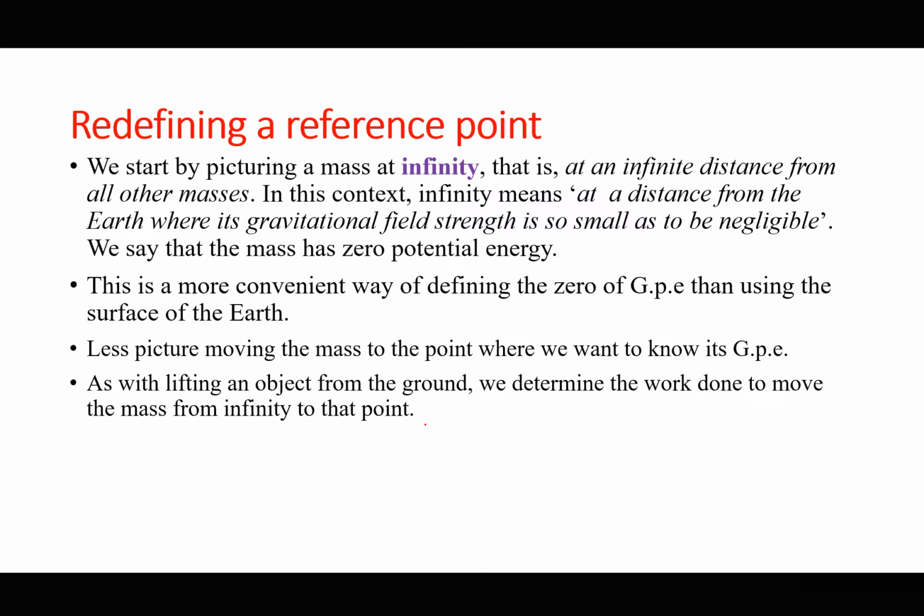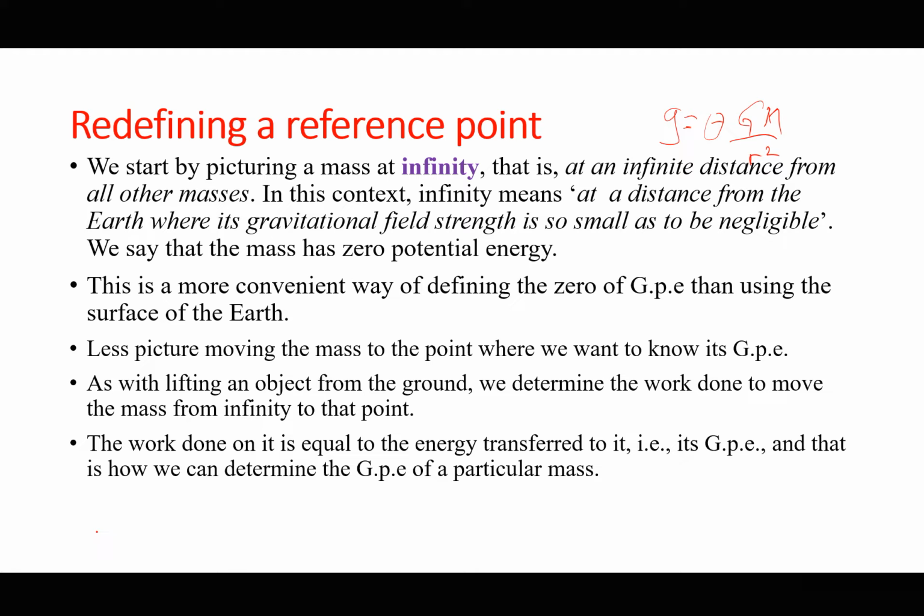Somebody may also recall from one of the lessons that the gravitational field strength can sometimes be quoted as negative GM over r squared. This negative was indicating that the force between two masses is always attractive. So the work done on it is equal to the energy transferred to it.